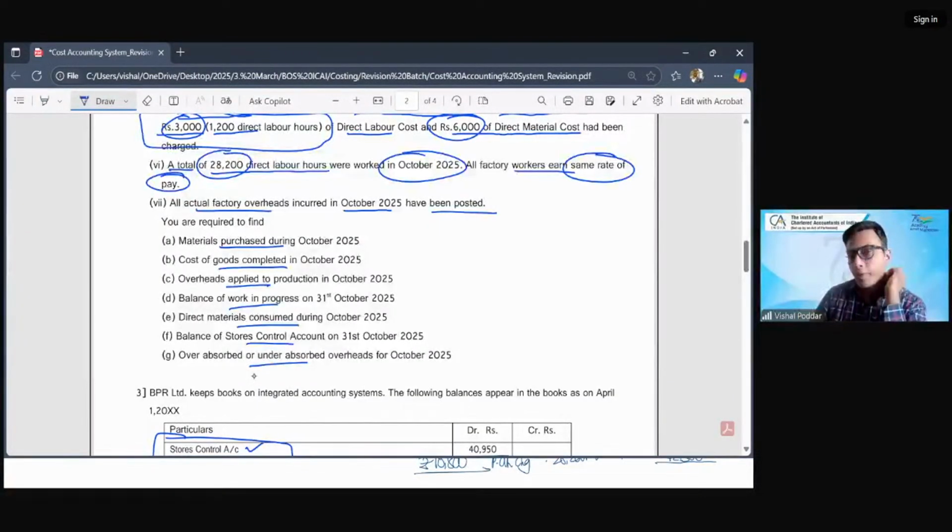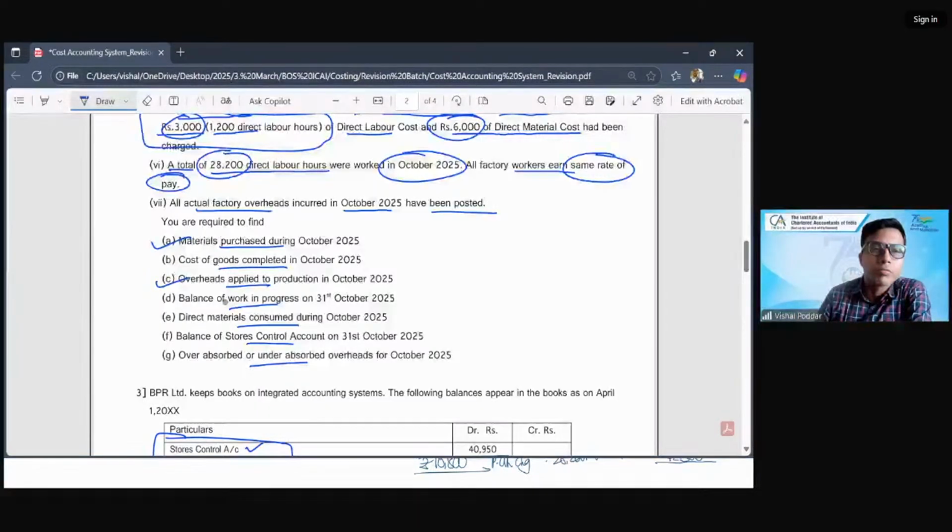So we have found out already material purchase. We have already found out overhead supplied, right? Now we'll find the balancing figure in each account. Now in SLC, two figures are missing, so I cannot find it out immediately.